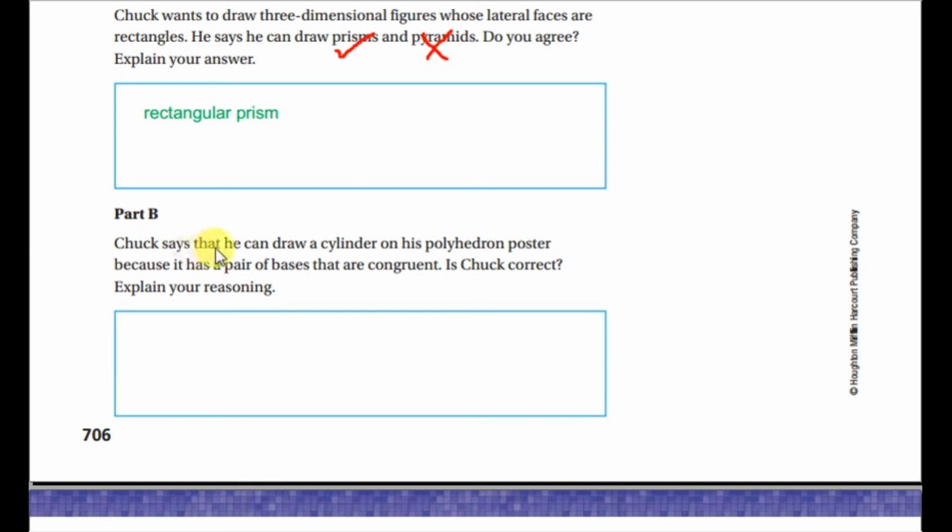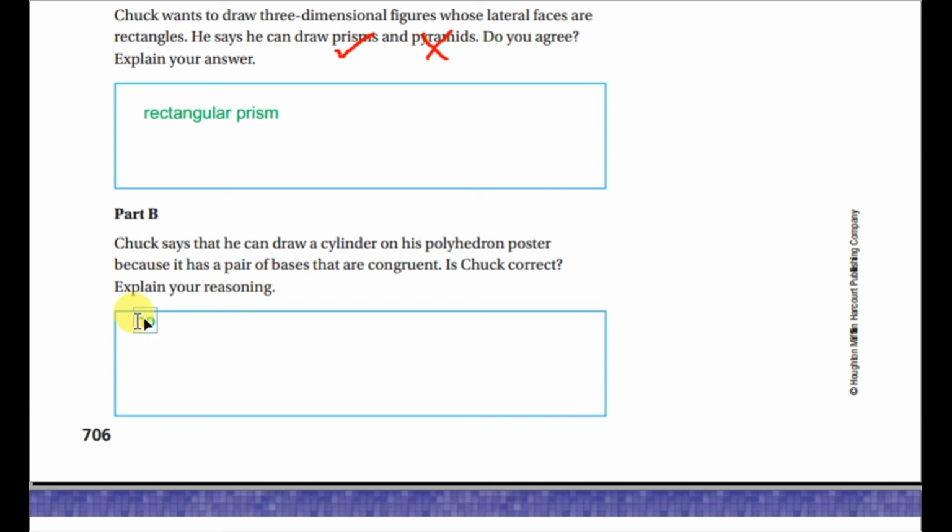Chuck says that he can draw a cylinder on his polyhedron poster because it has a pair of bases that are congruent. Is Chuck correct? Explain your reasoning. Of course, a cylinder, it's not a polyhedron because its faces are not polygons. It is a curved shape, so its both faces are curved shapes.